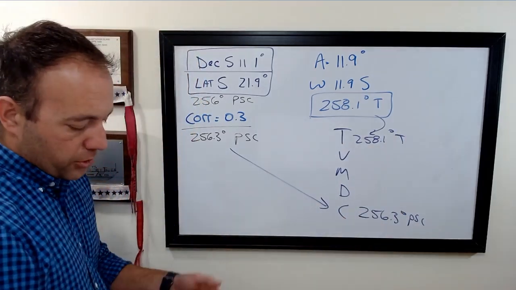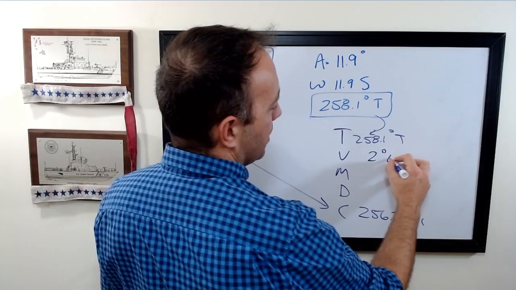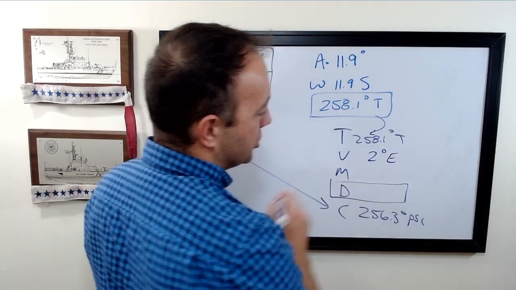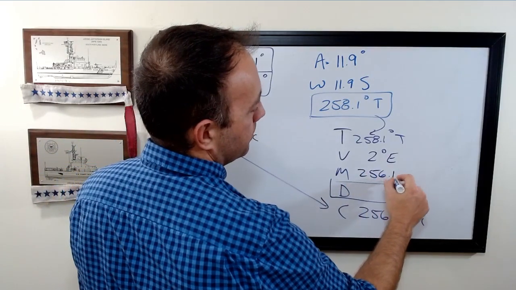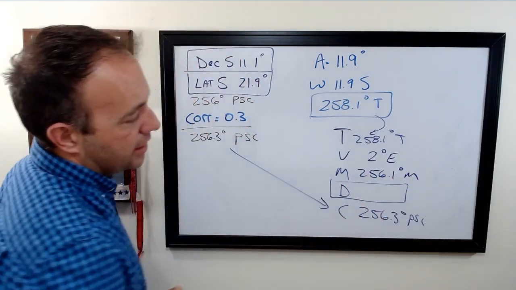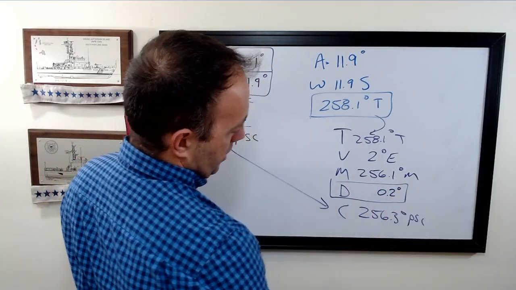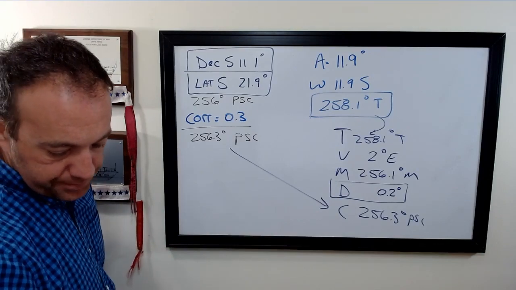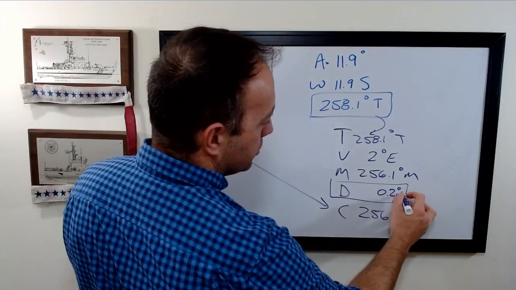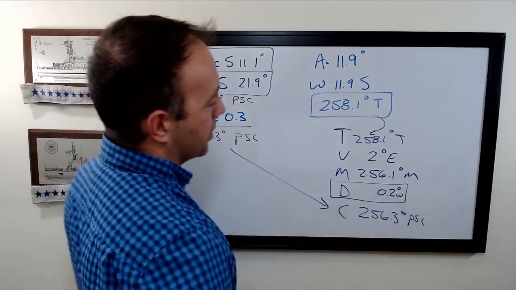And if the problem earlier, I neglected to tell you, but maybe it was 2 degrees east, we can solve for our deviation just like we have been before. So 256.1 magnetic. And what does that make it? It makes it 0.2 degrees. We're adding west in this case, right? So it makes it 0.2 degrees west. Unless I made a math error, that's where it's going to come out.